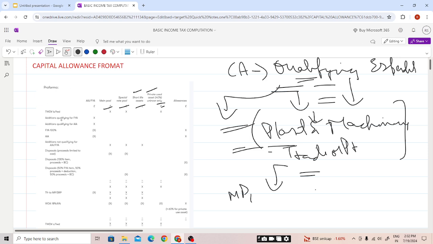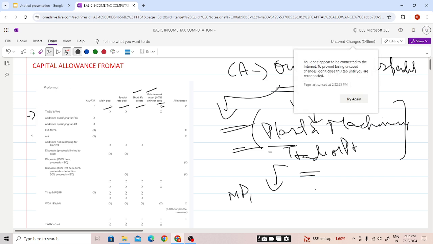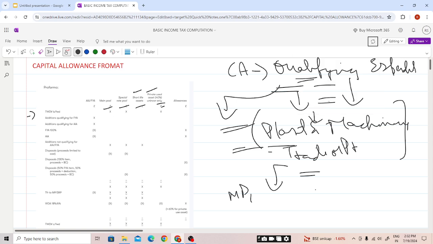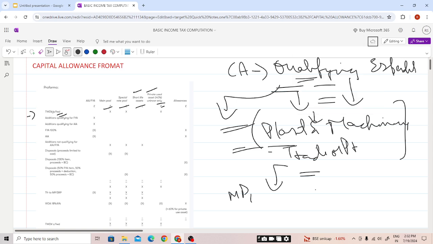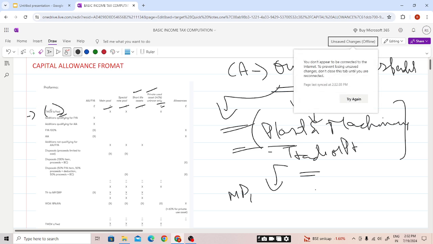Now students, the format starts from tax written down value brought forward. Tax written down value means students, in the previous year we would have calculated the capital allowance and we had some balance. The balance we are bringing forward.